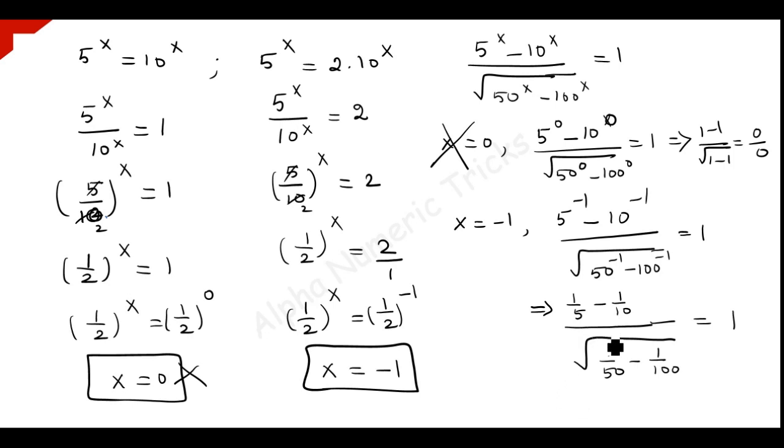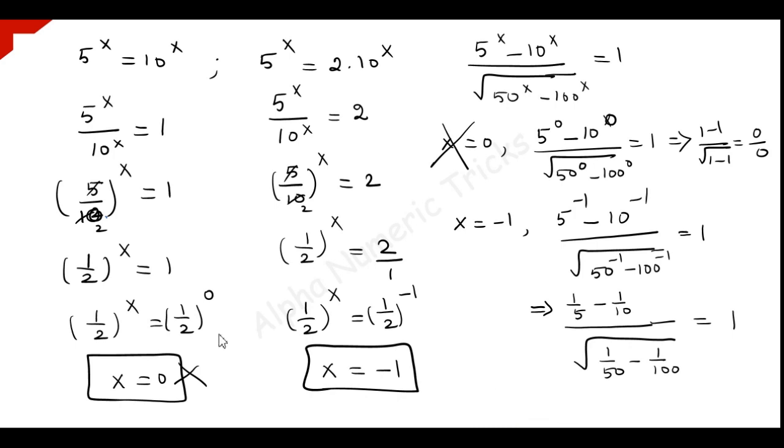We have to check this. So we get 1 over 5 minus 1 over 10 divided by square root of 1 over 50 minus 1 over 100 is equal to 1.